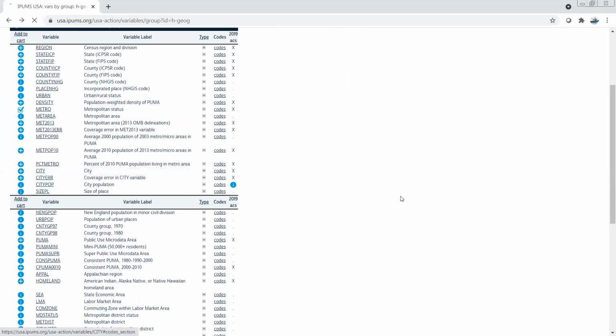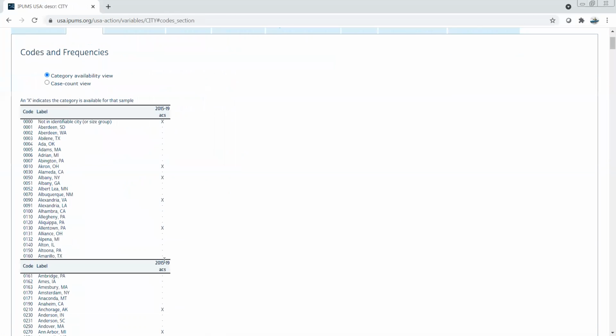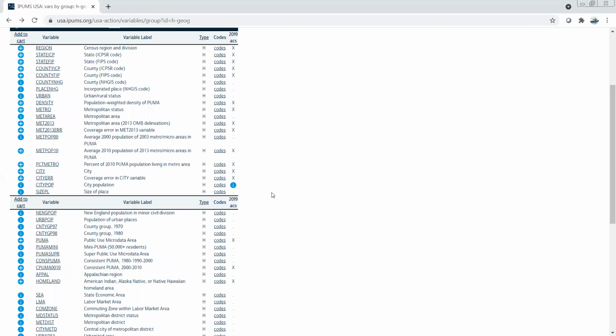So if you click on the city code, it shows you what a city code looks like. And those are, again, the FIPS code that is designated for cities. So if you add the FIPS code plus the city, you can identify the city.